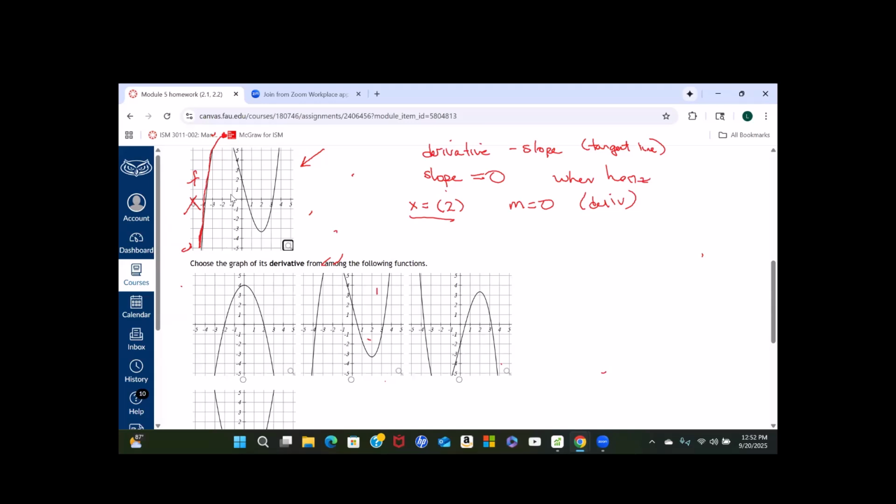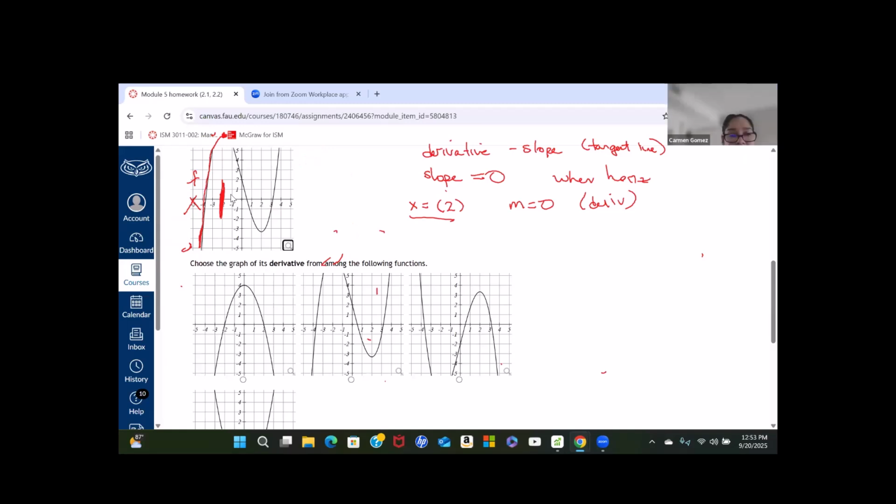When x is less than -2, we should have a positive for my derivative. Agreed? Everybody? Can you repeat that again? Absolutely. When x is less than -2, on my original graph here, you with me?